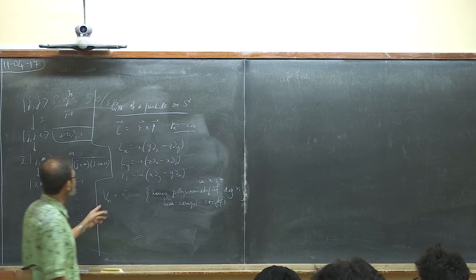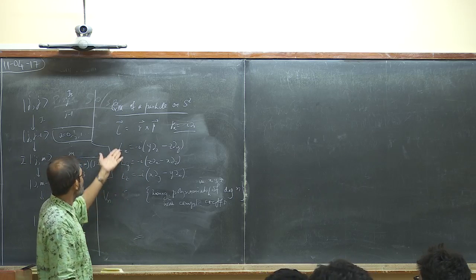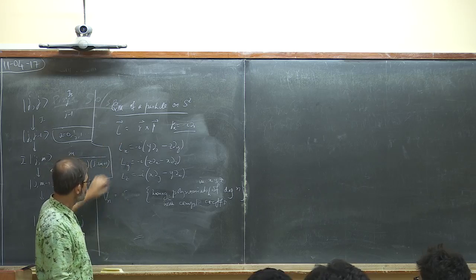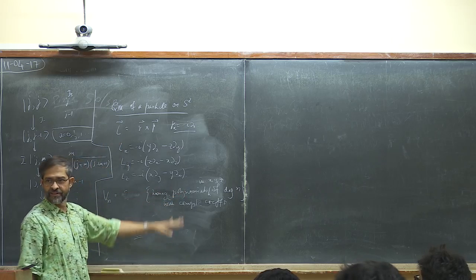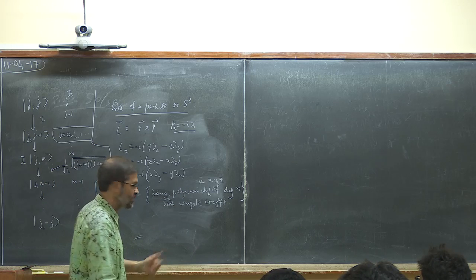I claim that V_n carries a representation of this. What does it mean? That when I apply, let's say, Lx on any element here, I get back some element of V_n. So let's say an example.